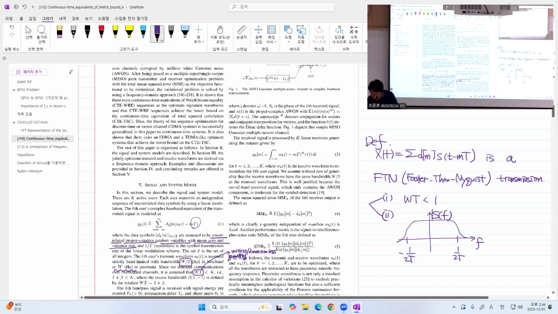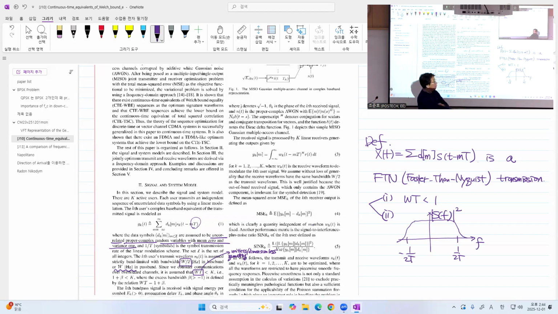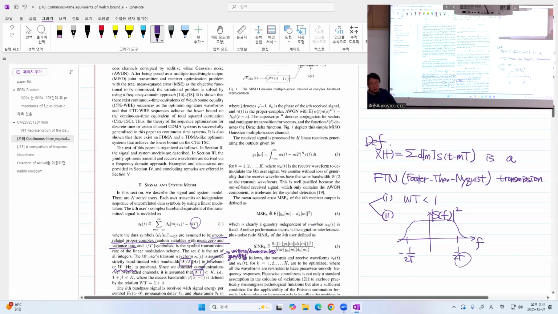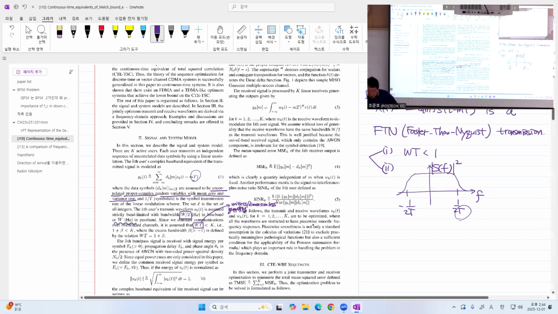Let me just use magnitude square. Raised cosine in the frequency domain. The problem is that they do not use this capital T, supposedly to be used for zero ISI. What they do is that they have some strange notation like this.